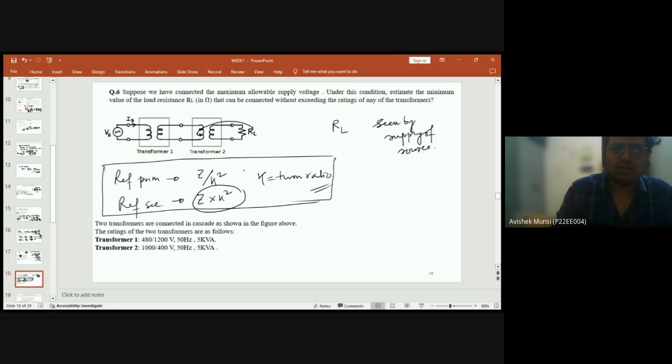So if you're converting the resistance from this to this, that is stage one, and then again we have to refer it to this. This is stage two. For the first stage, it will be 1 by the turns ratio.